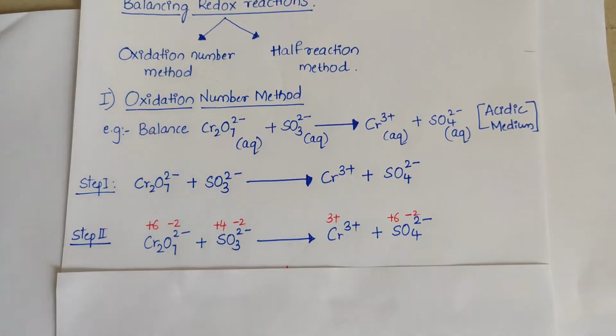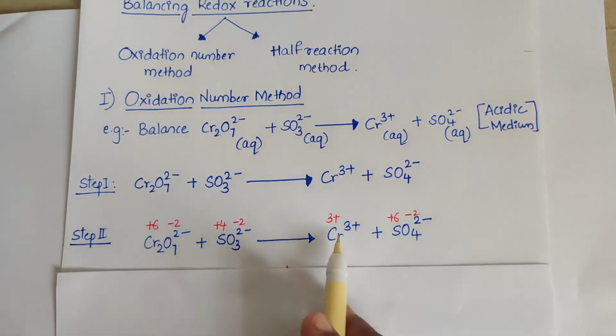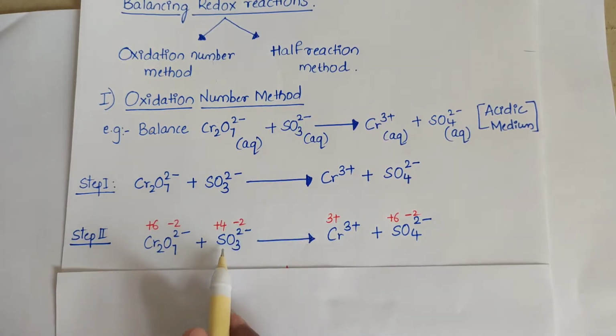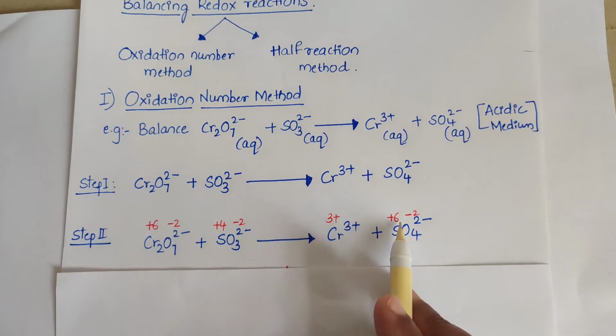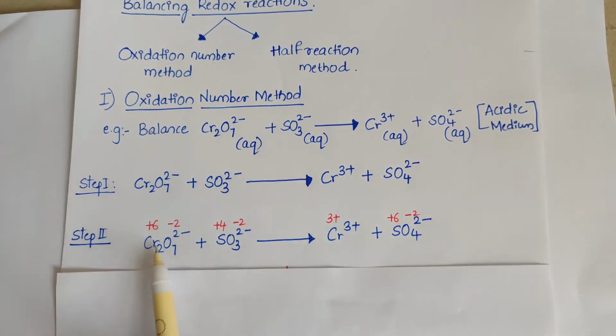Chromium is getting reduced because it changes from +6 to +3, whereas sulfur is getting oxidized because it changes from +4 to +6. So first you write the equation as it is, then you write the oxidation states of each element, and then you find out which is undergoing oxidation and which is undergoing reduction.